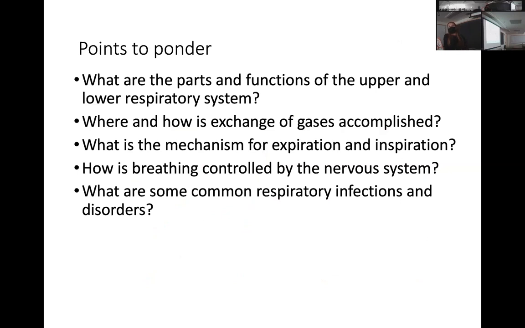We covered the functions of the upper versus the lower respiratory system, thinking of your neck as the distinguishing factor between upper and lower. We talked about where and how gas exchange is accomplished. That picture up here shows how the lungs get the oxygen, and how the oxygen gets to the bloodstream so we can continue to use it for different functions.